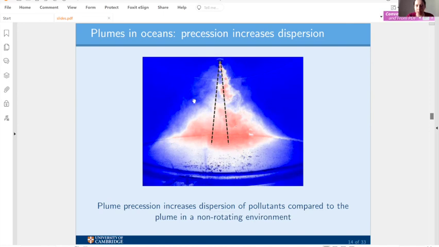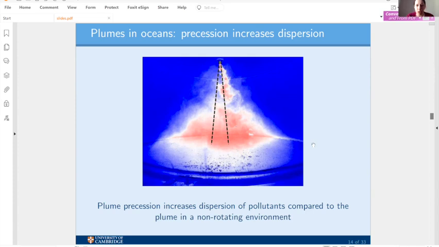And you can see that in the rotating environment, the lateral contaminant dispersion is considerably increased. And of course, this has very important consequences for our mitigation measures and for what we can do in order to stop the lateral spreading of the contaminants.